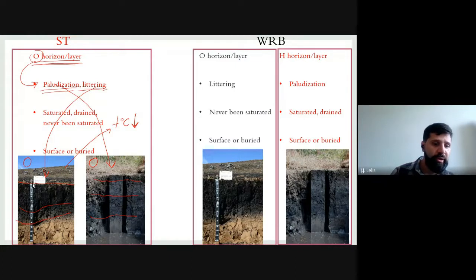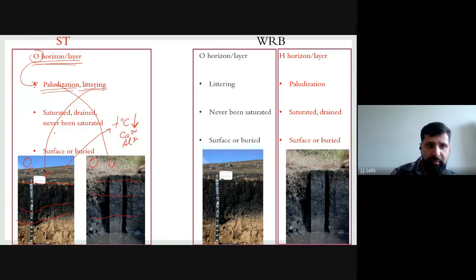But we can also identify this kind of horizon in other environments, like high concentration of calcium or aluminum, or hydrophobic material that doesn't help the decomposition of the organic matter. So we have the same organic horizon or layer, but we could identify different conditions, okay?